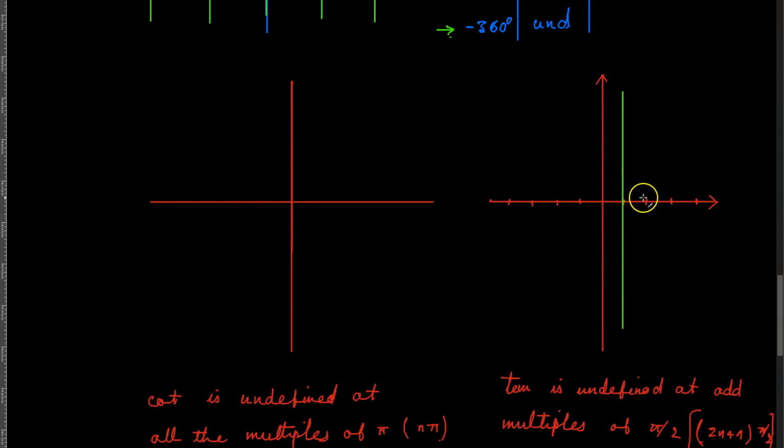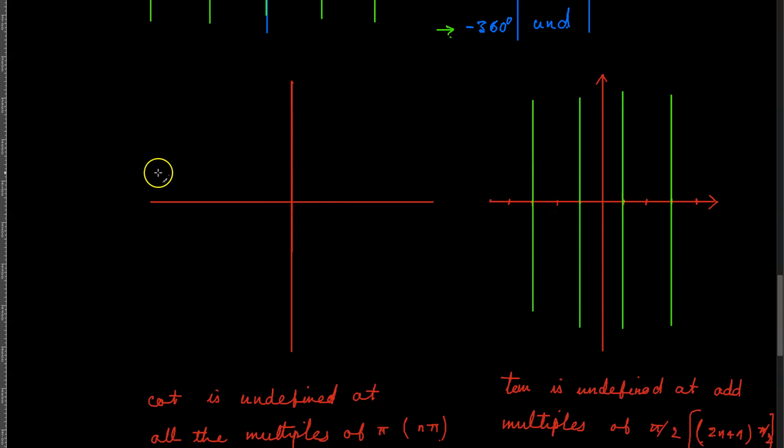Then you have pi, and then you have 3 pi by 2, at which point you are undefined. And then again at negative pi by 2, the function is undefined. And then again at negative pi, negative 3 pi by 2 over here, the function is undefined.